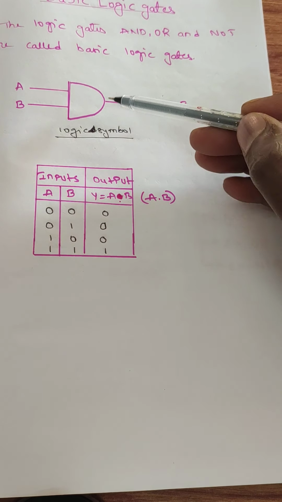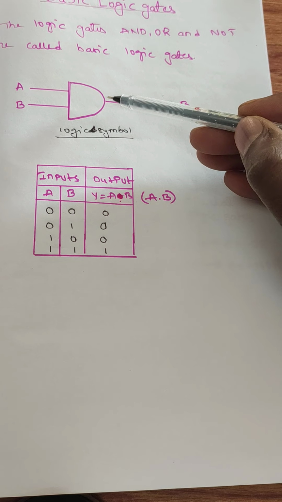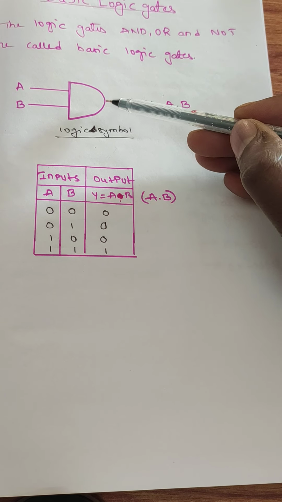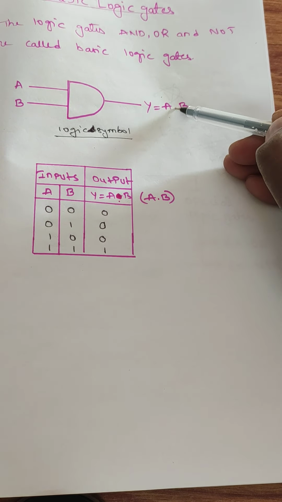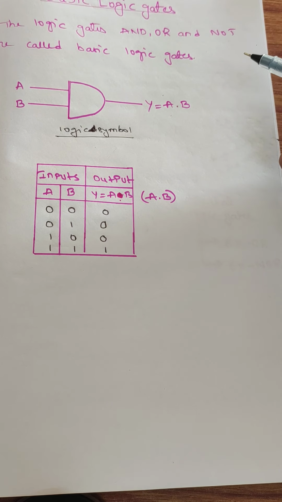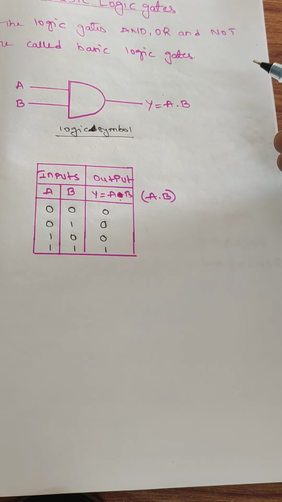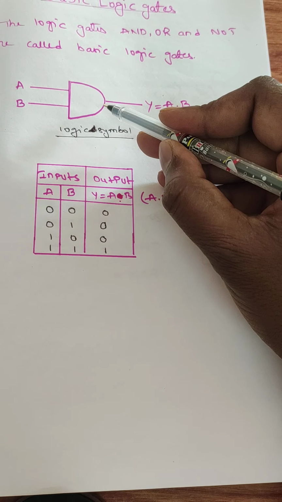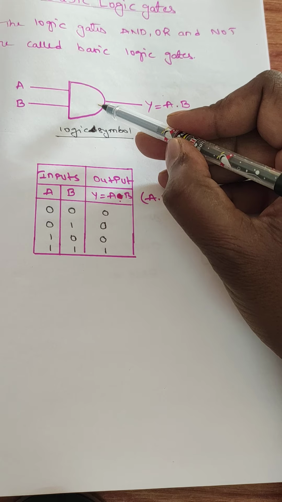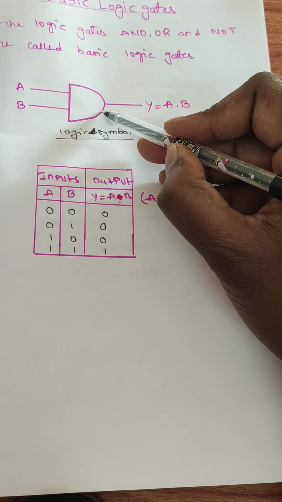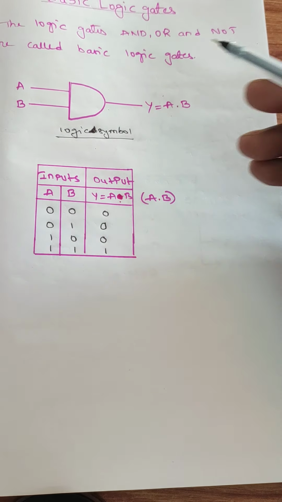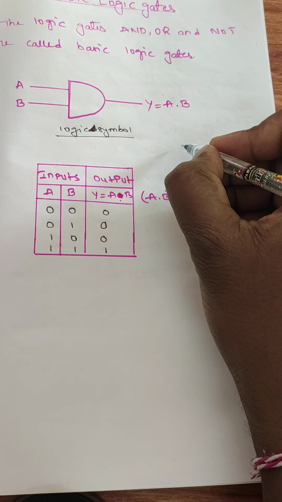This logic gate performs logical multiplication, that is A dot B, and is known as the AND function. Logical multiplication is also called the AND function. Here is the standard logic symbol, and it can be drawn in this way.